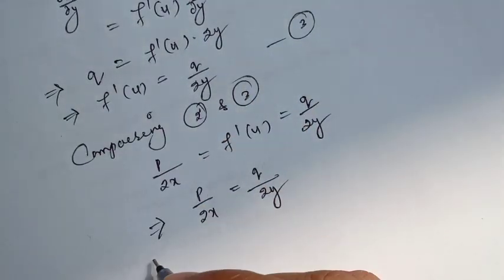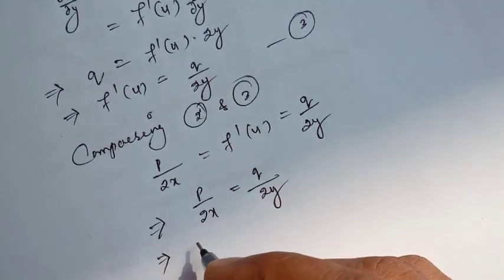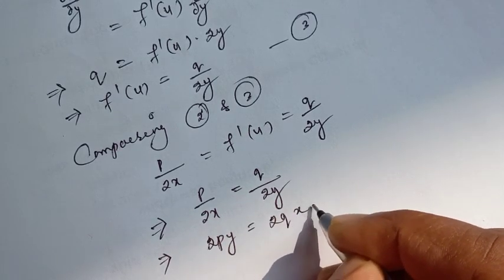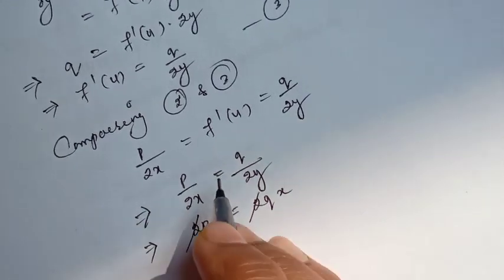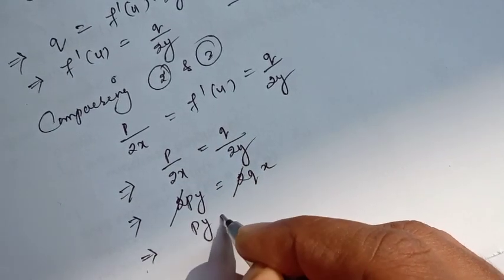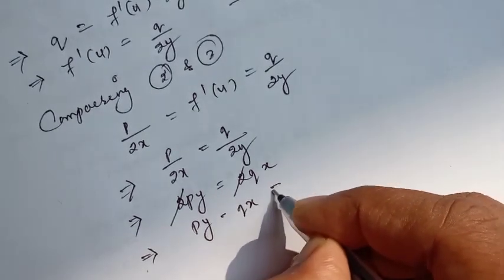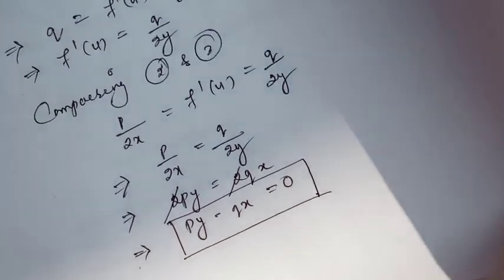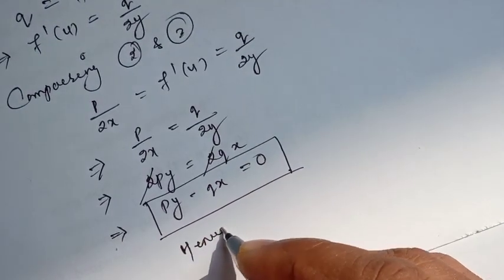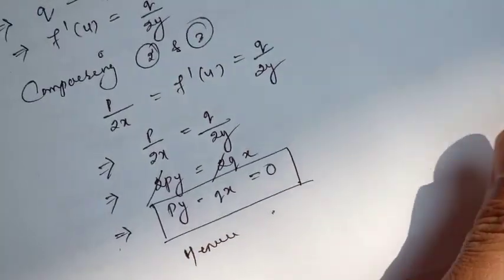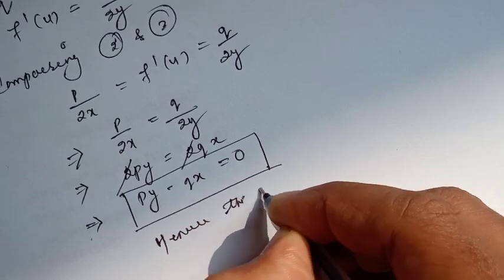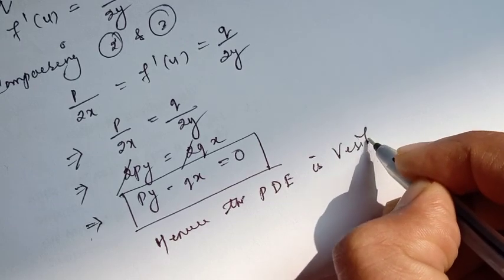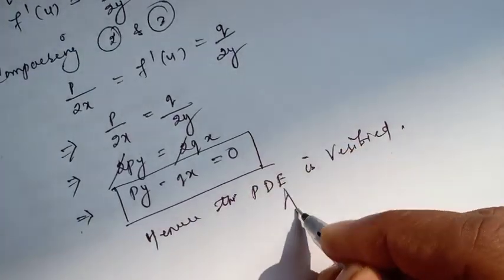Okay students, cross multiplying we get 2py is equal to 2qx. Cancelling 2 from both sides, this will be py minus qx is equal to 0. And this is the linear differential equation. Hence the partial differential equation is verified, and this is your answer.